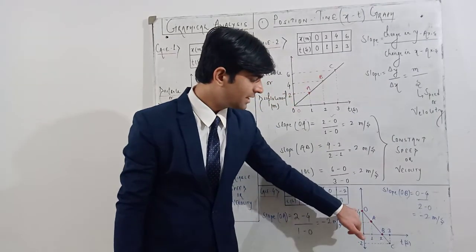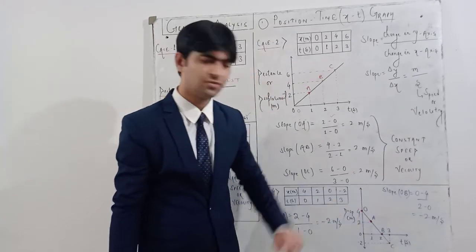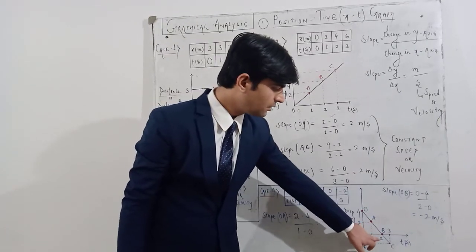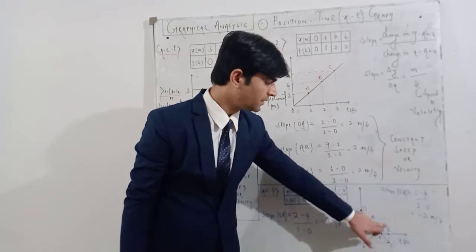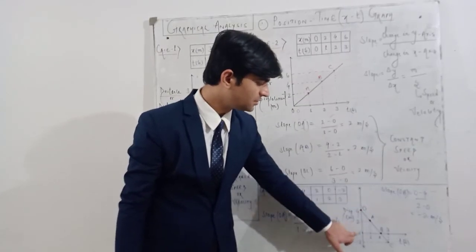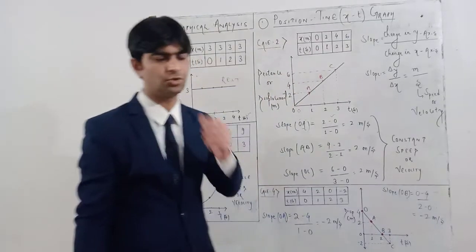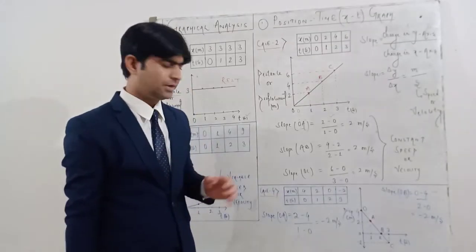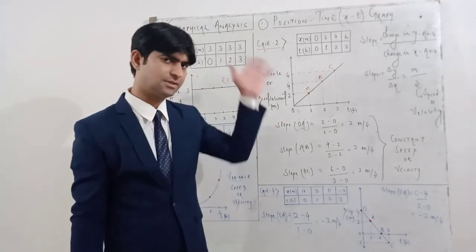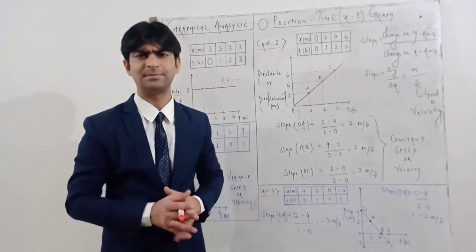What is written on y-axis with respect to point O? 4. 0 minus 4. Corresponding to B, what is written on x-axis? 2. Corresponding to O, what is written on x-axis? 0. 2 minus 0. Again you are getting minus 2 meter per second. Okay, so this is again a straight line, so value will be constant but with negative because this is a decreasing slope. So generally I will write here displacement, not distance.